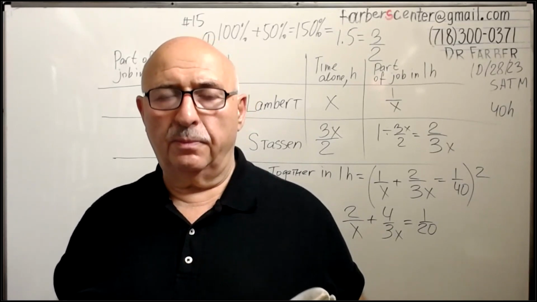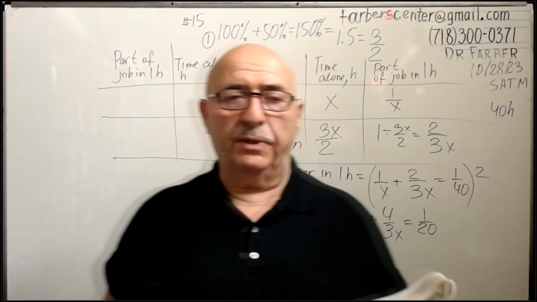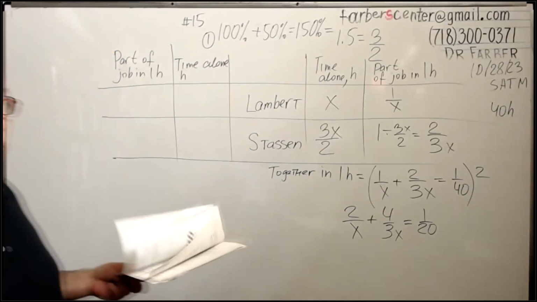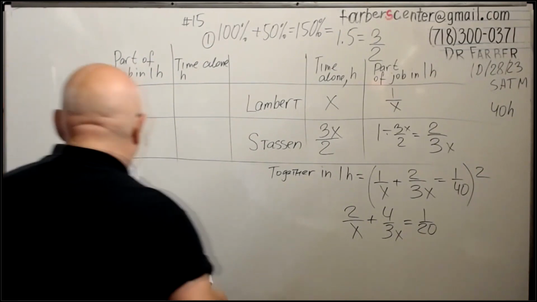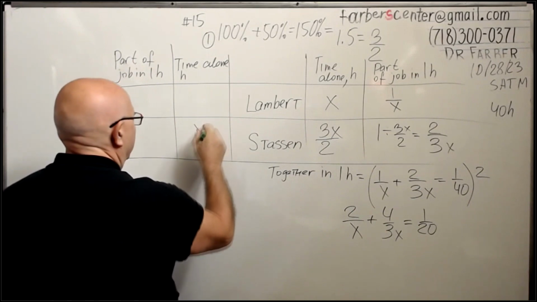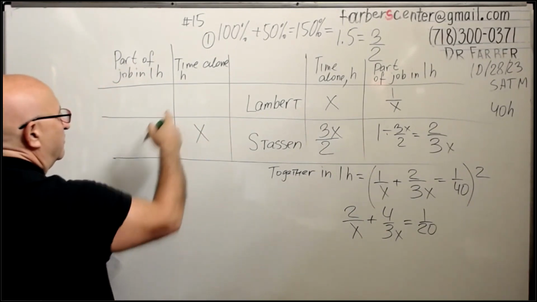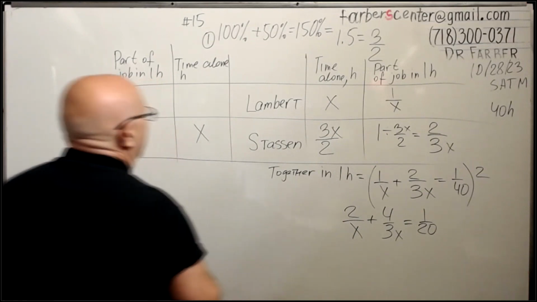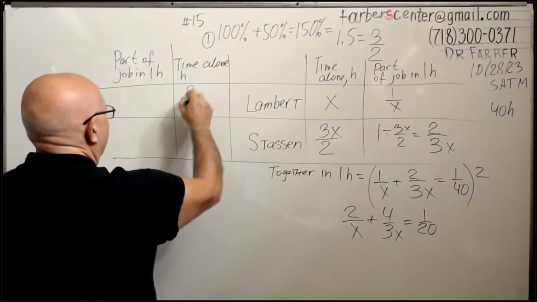Okay. Why did we do it wrong? Let's change variables here. If this is x, and this is faster, you have to divide it by 3 over 2, and you get 2x over 3.